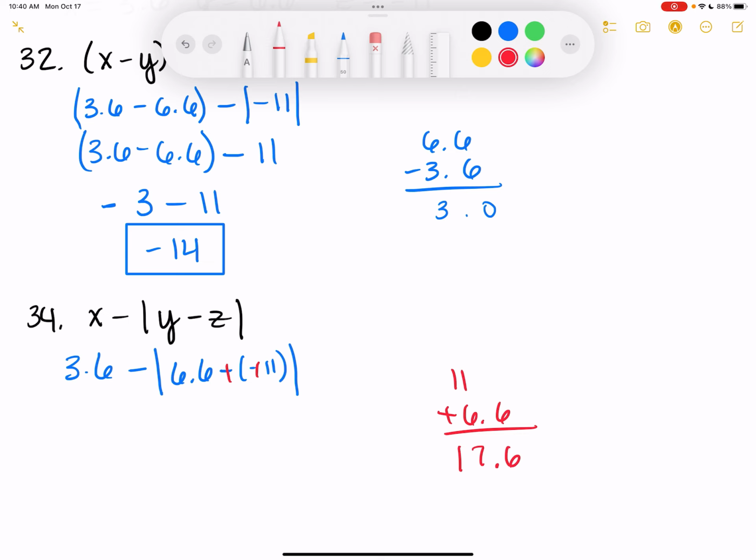So I will have 3.6 minus the absolute value of 17.6. Now, since it's just a positive number in the absolute value, I basically just get rid of the absolute value bars. Okay, they can just go away because it's already positive. So 3.6 minus, because it was a minus outside, 17.6.